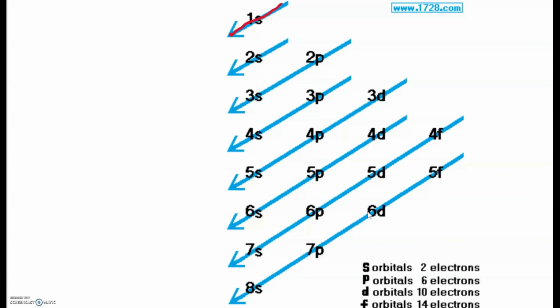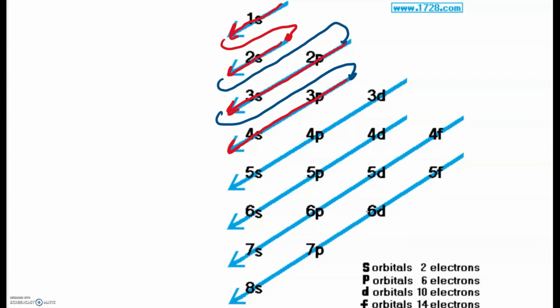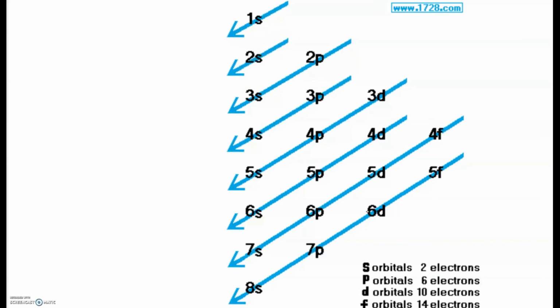These arrows on this angle show us the order in which all of the orbitals are filling, and all we have to do is connect one arrow to the next. So if we want to find the filling order for all of the orbitals available for any element, it's going to go like this.